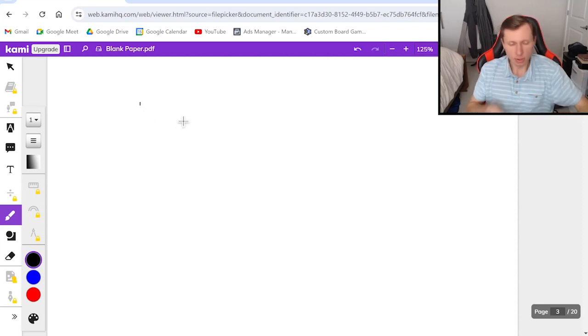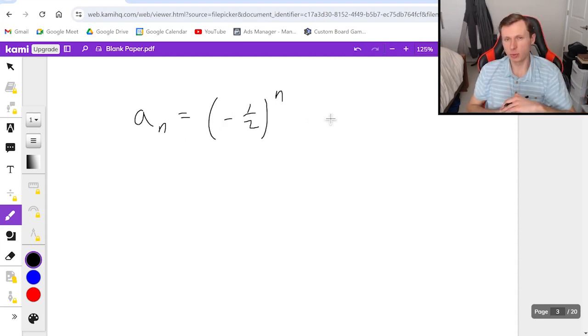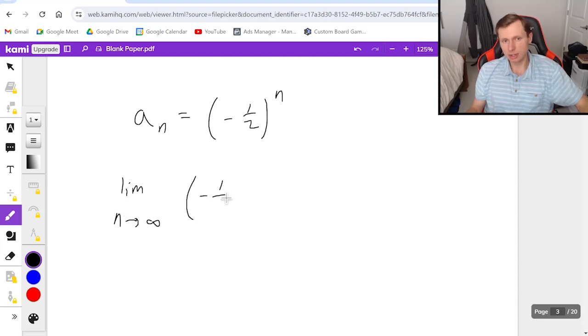Next up, number 4, I have a sub n equals negative 1/2 to the nth power. And when you're ready to see the solution, unpause the video. So, the secret for this one, if you try the limit as n goes to infinity of negative 1/2 to the n. First of all, the negative part never matters for sequences, so I'm just going to ignore that.